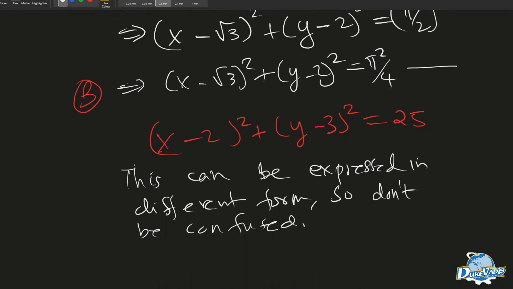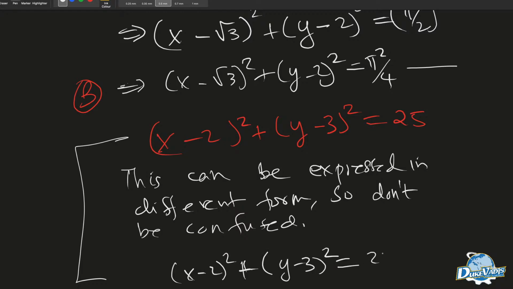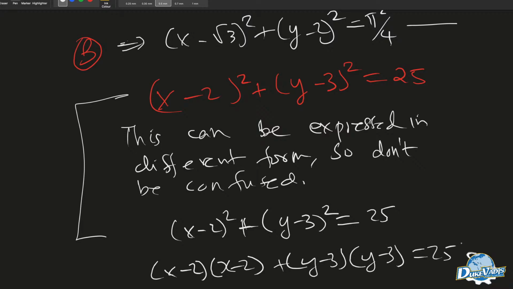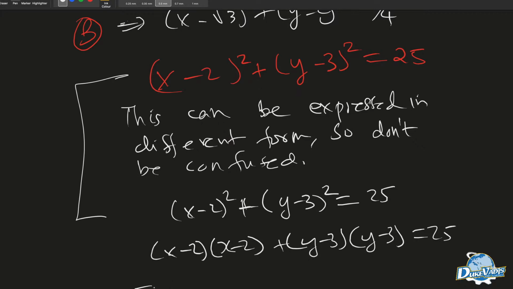So all we do is bring this equation down here and expand it. So this (x minus 2) squared plus (y minus 3) squared is equal to 25. When we expand this elementarily, this will be (x minus 2)(x minus 2) plus (y minus 3)(y minus 3) is equal to 25. And further expansion, we say that x squared minus 4x plus 4, and this is y squared minus 6y plus 9, is equal to 25.